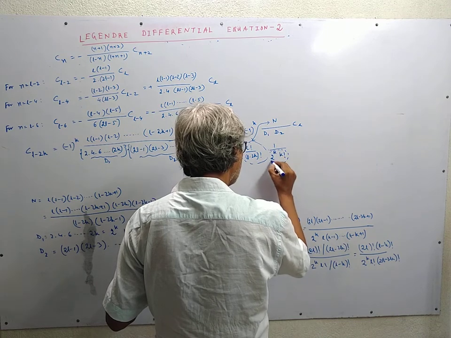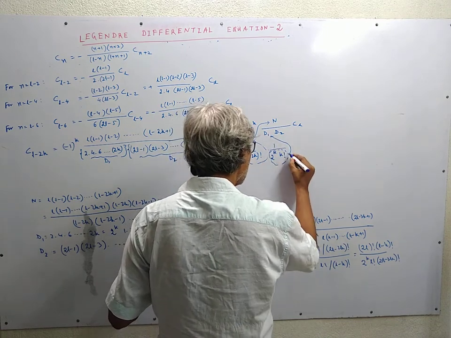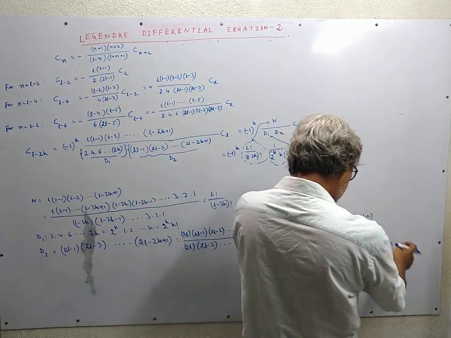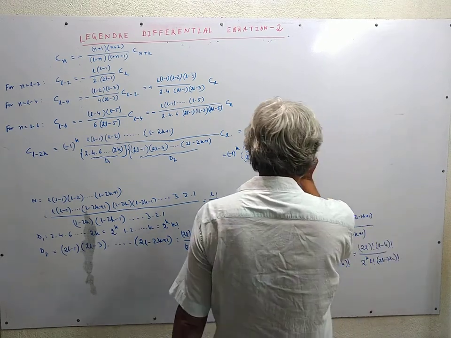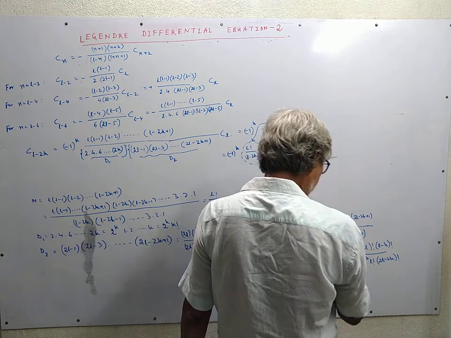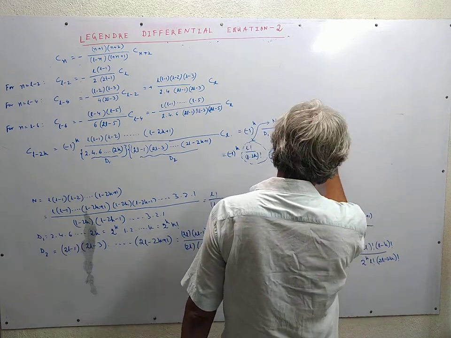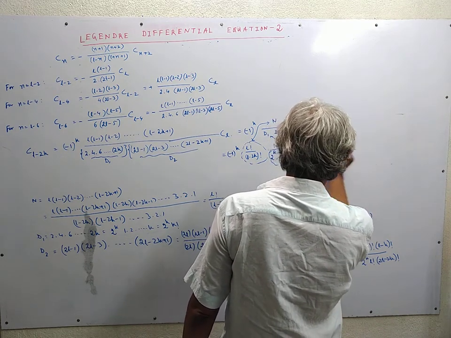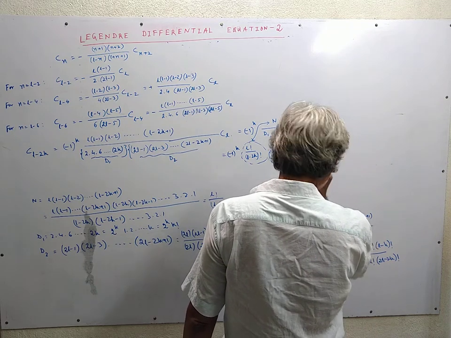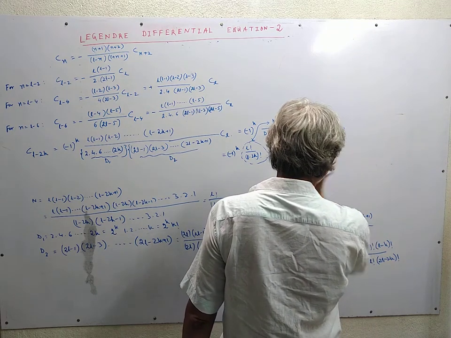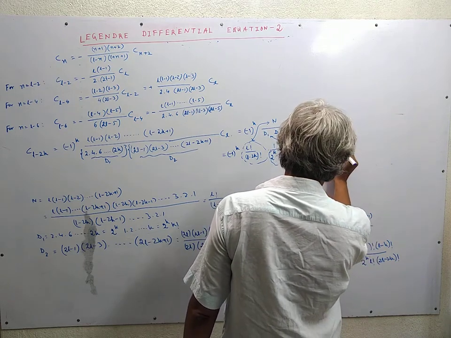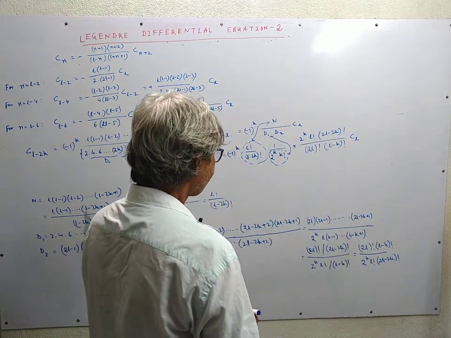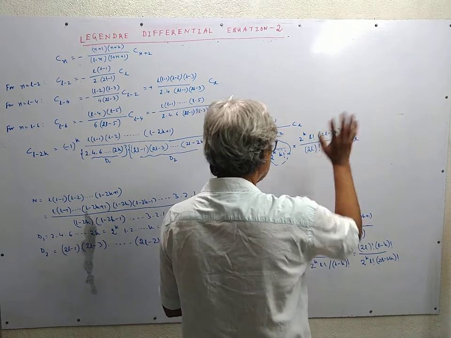This is for D1, and for D2 this part will come in the denominator and this part will go to the numerator. So this is 2 to the power k, L factorial, 2L minus 2k factorial, C of L. This part is for 1 by D2.